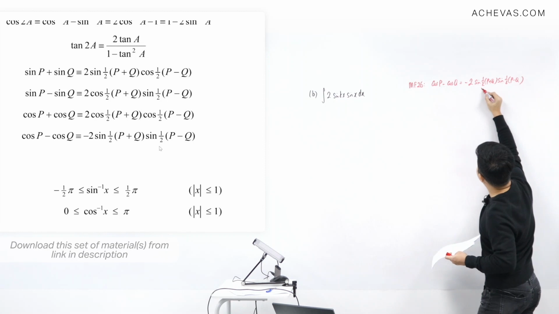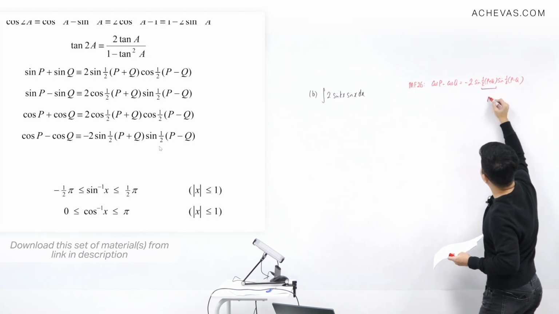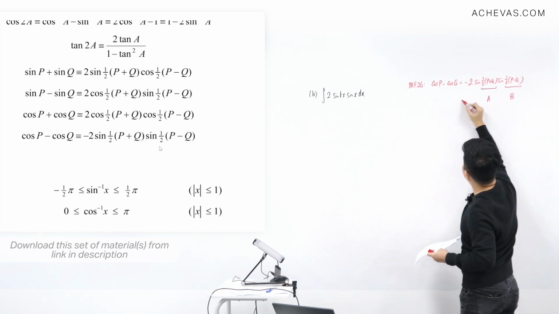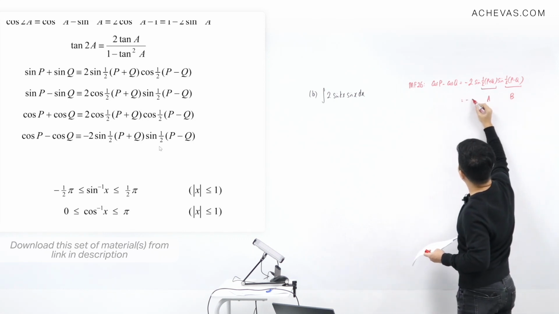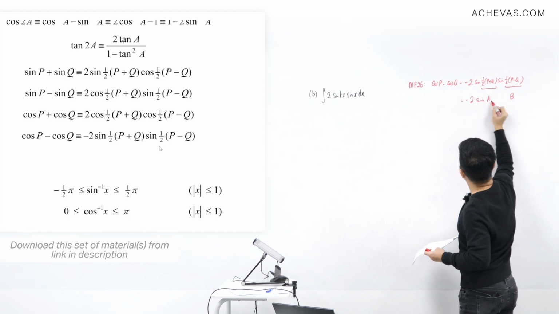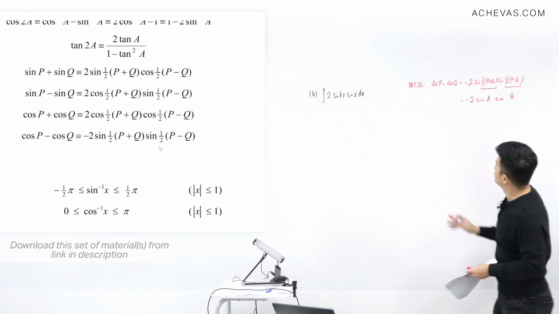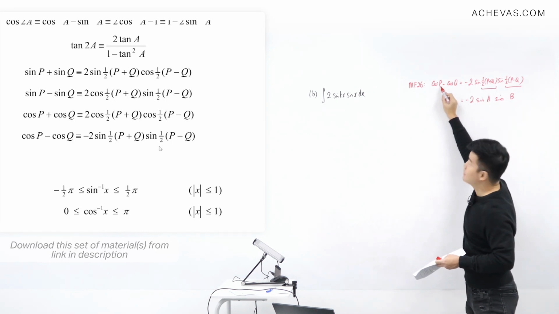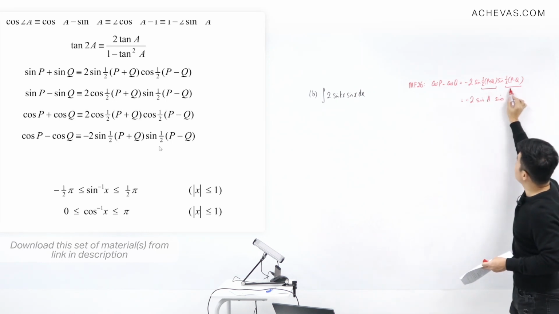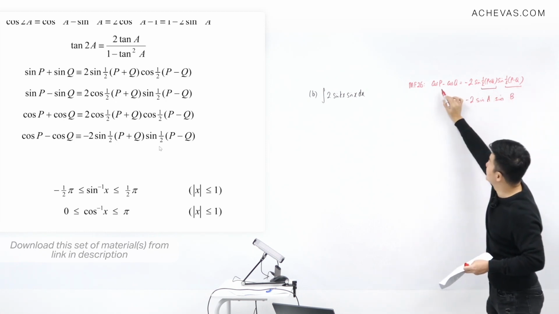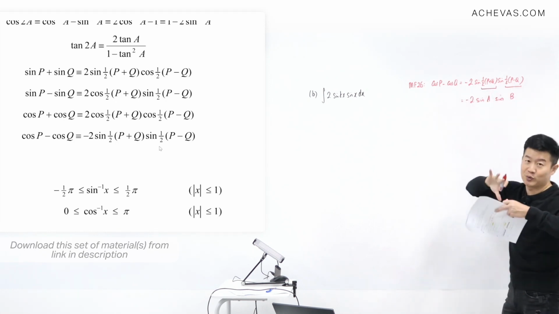If I see this angle here as A, and this angle here as B, then the right-hand side can be converted to negative 2 sine A sine B. So how do I get p? P is obtained by taking A plus B, because half p plus half p is going to be p, and half q minus half q will disappear.